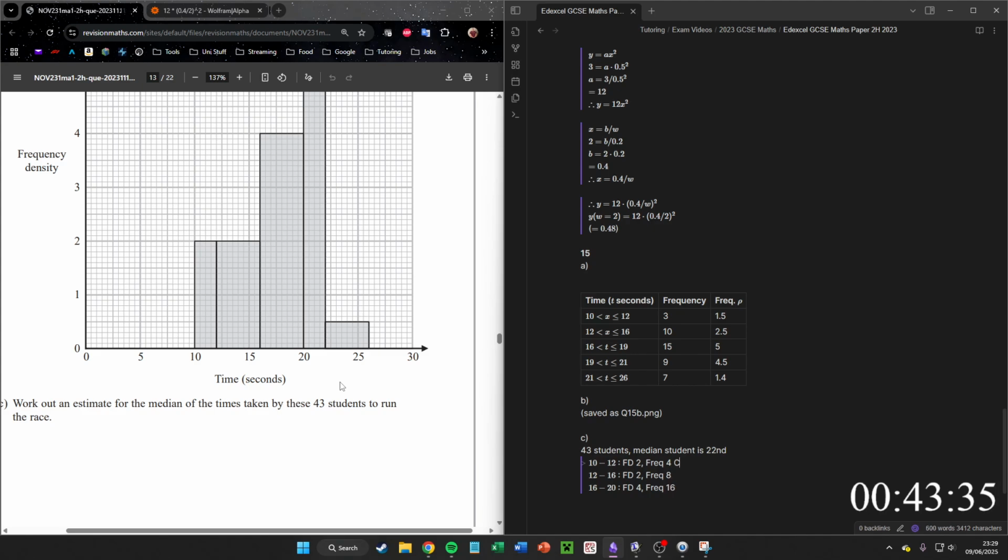Now I should say, sorry, cumulative frequency for this width. I should do a table here, obviously, but I'm a bit too far into this now. Cumulative frequency of 28 there. So the 22nd student is clearly in here, and the median student is 10/16ths through the 16 to 20 class.